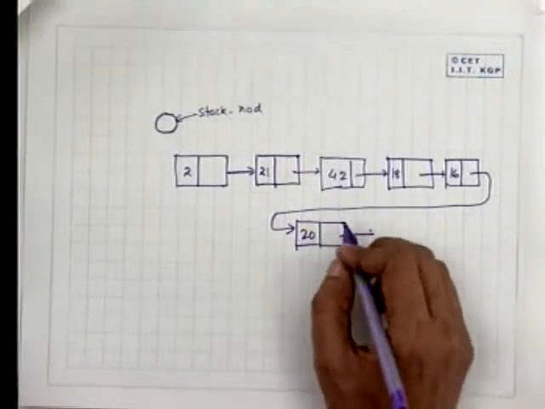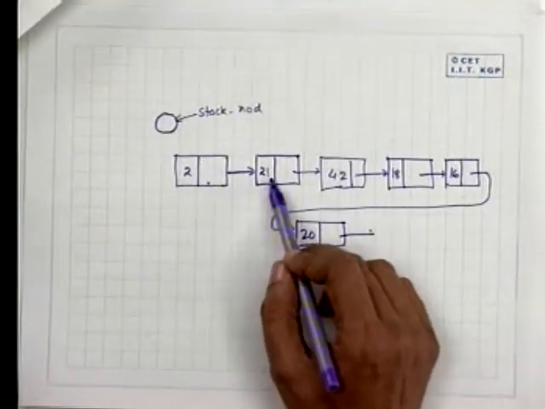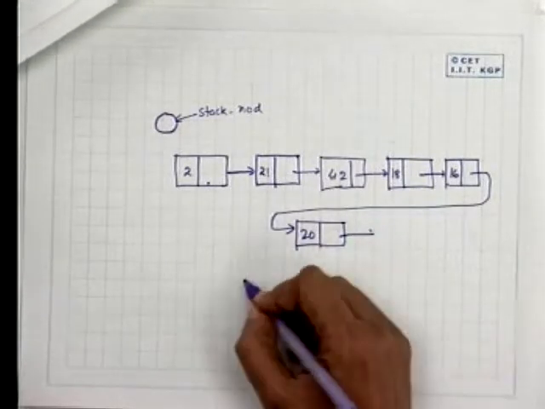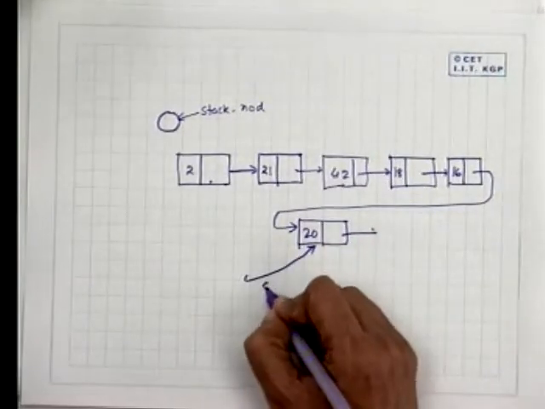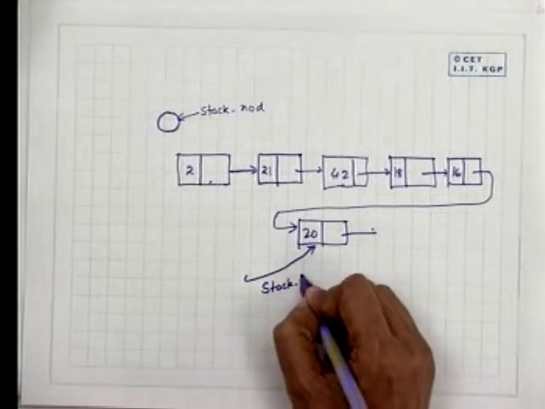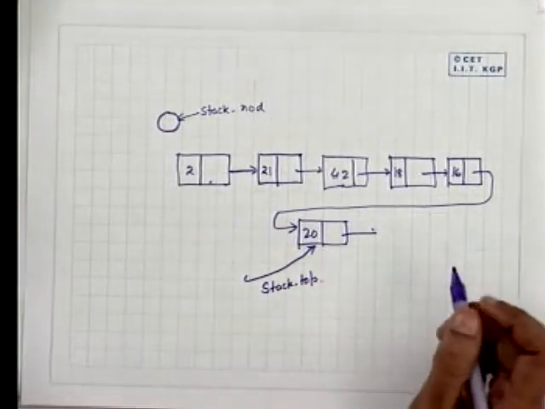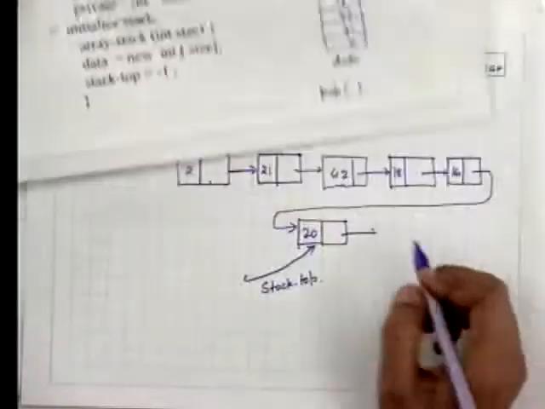Say we have 6 elements here, 1, 2, 3, 4, 5, 6, and the stack top is this one. This is where the stack top is.